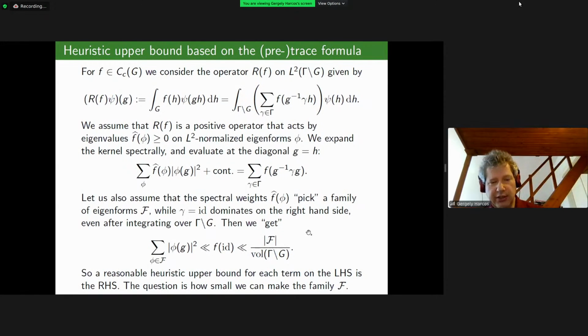So this heuristic reasoning would tell us that on the left-hand side, each term, by non-negativity, should be bounded by the right-hand side. So about the square root of the size of the family over the square root of the volume should be a reasonable pointwise upper bound for phi of g. And then the question is how small we can make the family. Anyway, this is what I call the baseline bound.